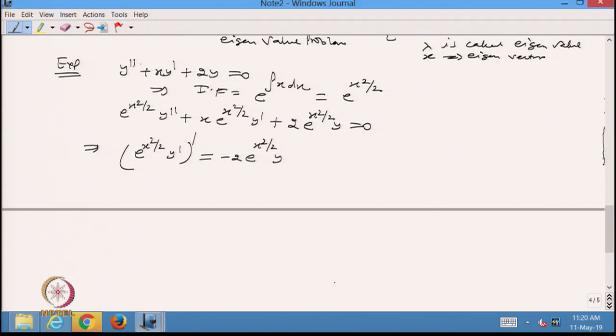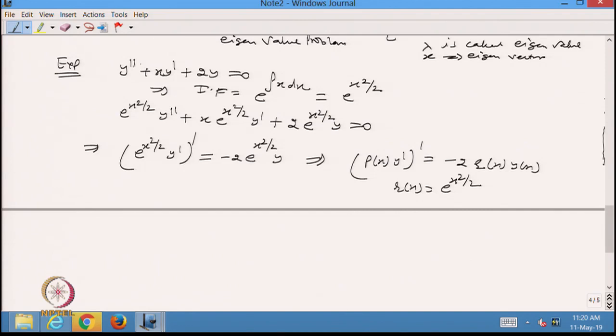On the right hand side it is this one. So, this equation becomes of the type (p(x) y')' = -2 r(x) y(x). In this case my r(x) is an exponential function, and you know that exponential functions are always positive. So, this r(x) is coming from there.